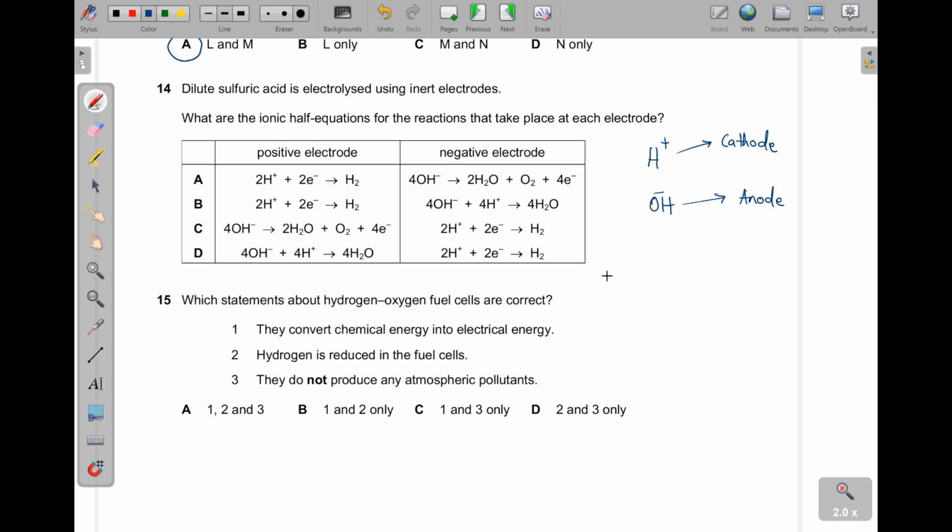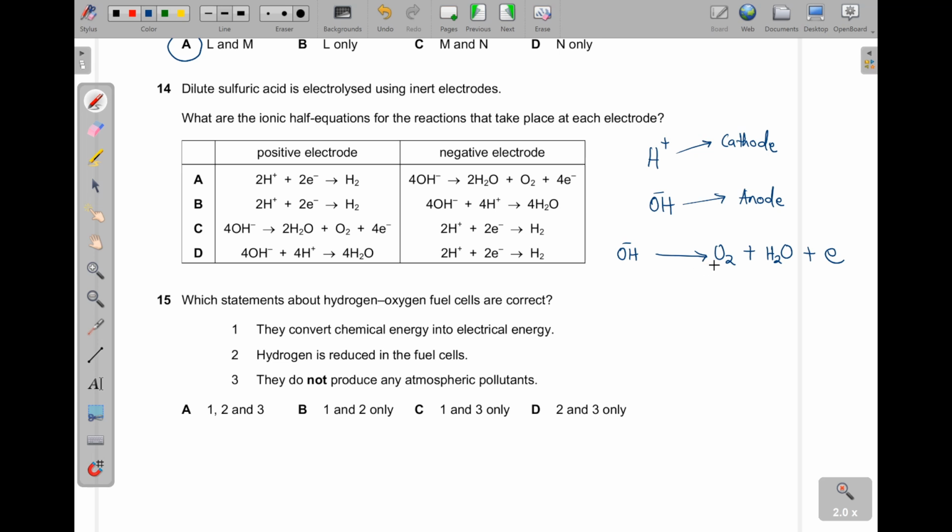Okay, so for the anode, you are going to have your OH there, and then this one is going to give off the oxygen and water. Oxygen and water. Then we shall have plus electrons. How many are they?